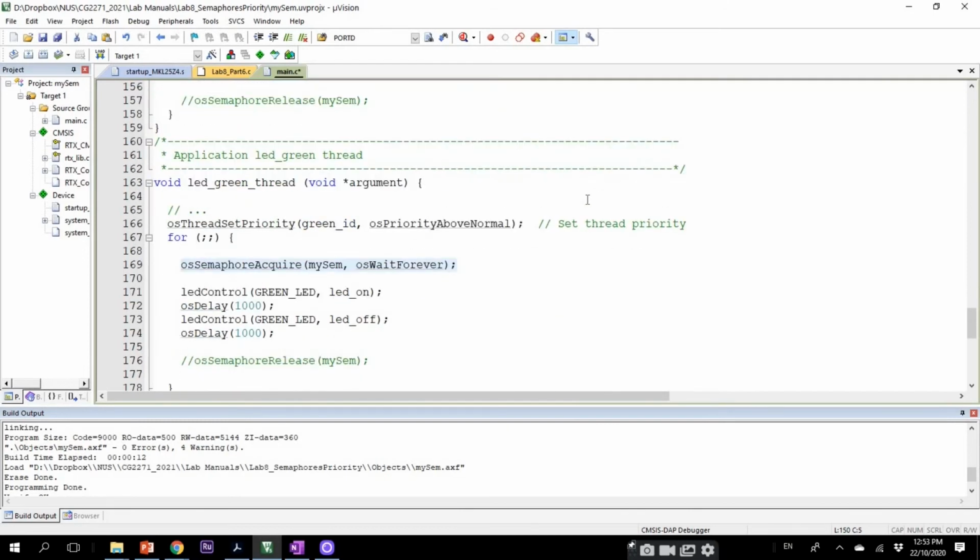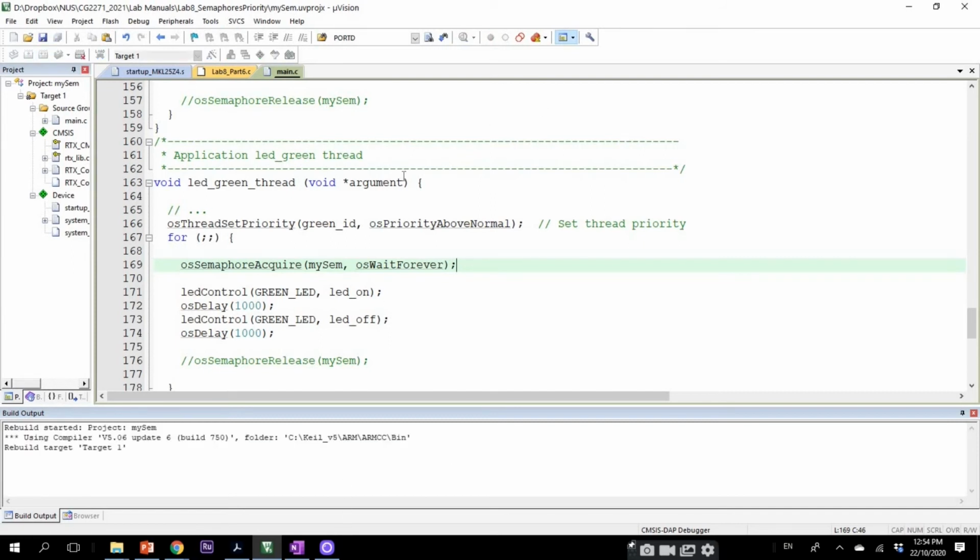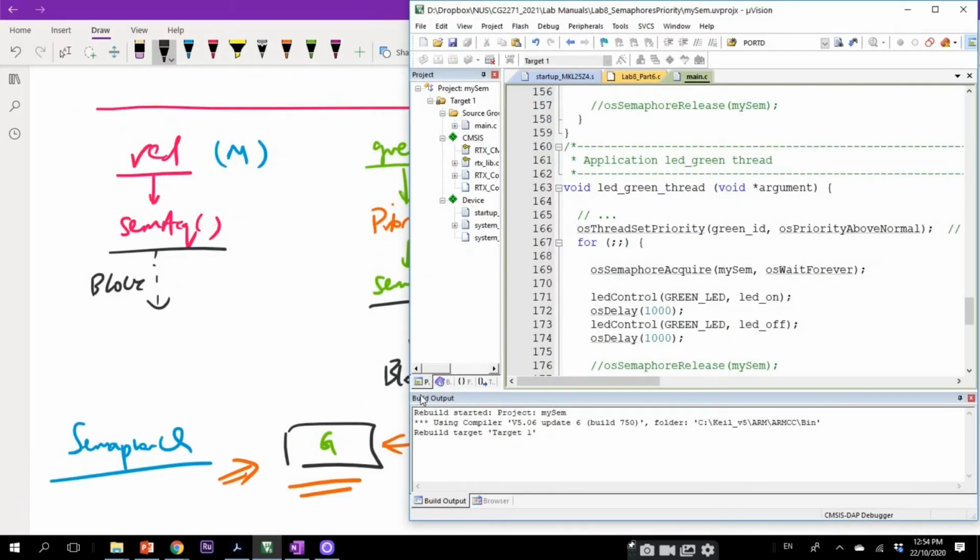But the moment the green LED thread was put to run, I raised the priority first, and then I acquired a semaphore. So both of them are now blocked, waiting for the semaphore to be released. But in the semaphore waiting queue, the green overtakes the red because of the priority. Okay, so let me build this and run it and show you what happens.